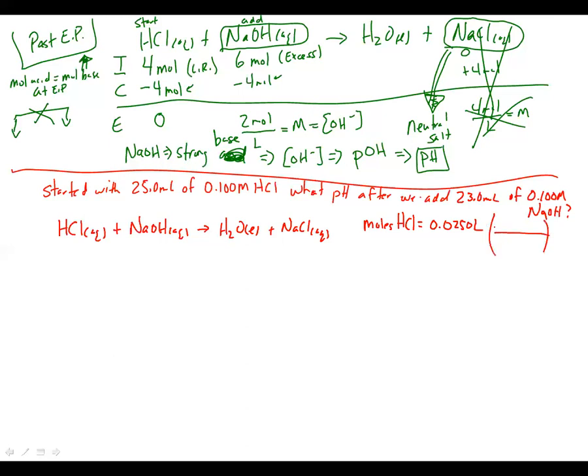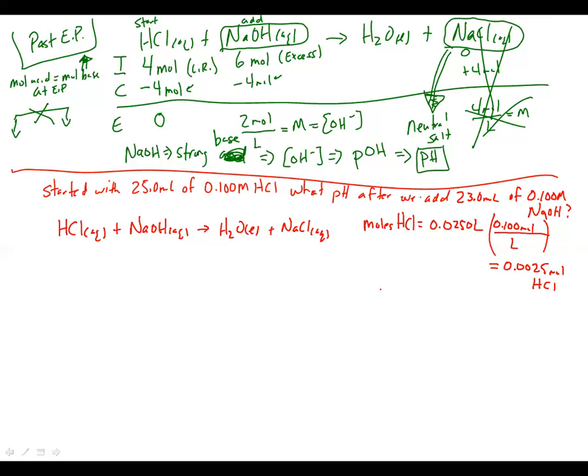We're going to take the molarity, which is 0.1 moles per liter, and that will get us moles for the HCl of 0.0025 moles of HCl.